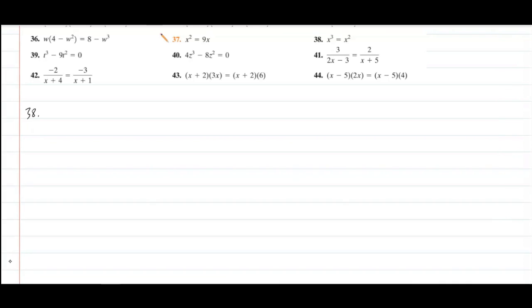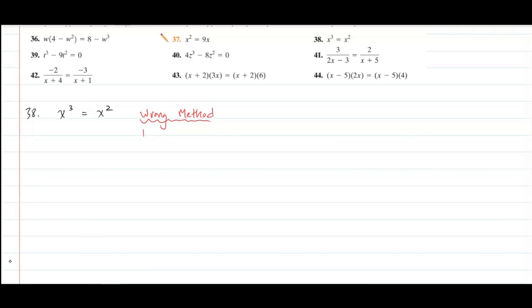Number 38 says x cubed is equal to x squared. So now let me slow down a lot. First, let me give you the wrong method to do this. This has been like 90% of kids who come through have tried this in the past. Please don't try it.